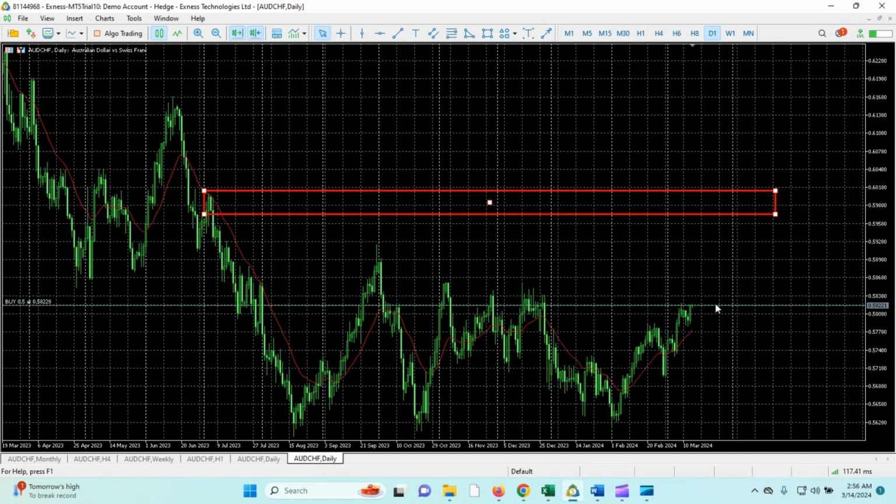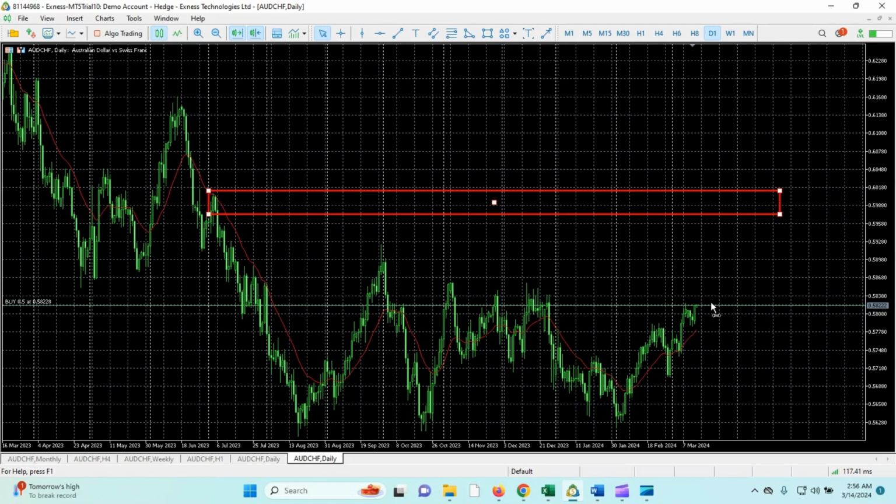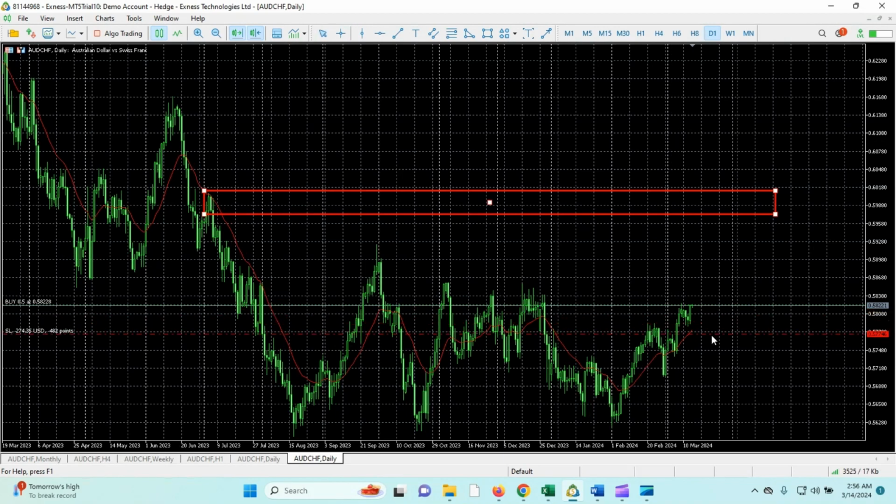So let's say we put our stop loss here. Remember that anything can happen in the market. A news can come out and the whole thing will just be messed up. The whole analysis will just be messed up. So we are risking 300. So let's add another 300 to make it 600. 0.50.